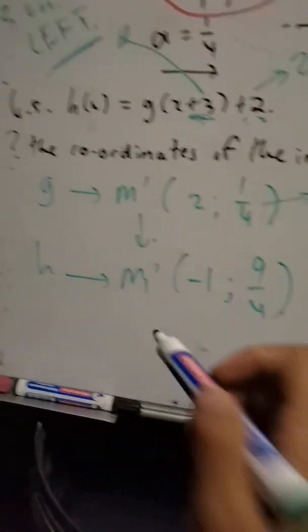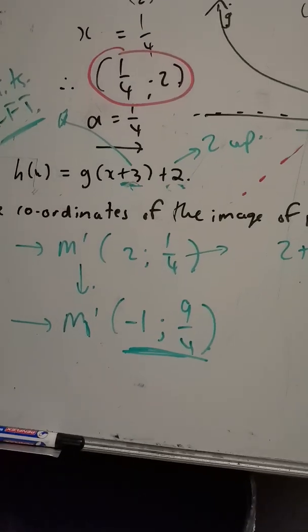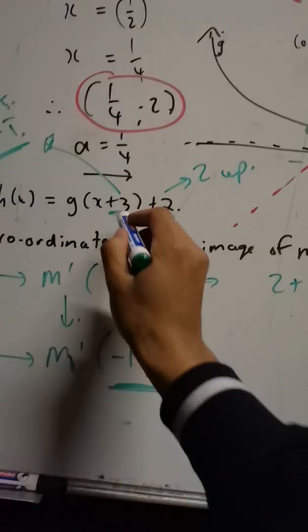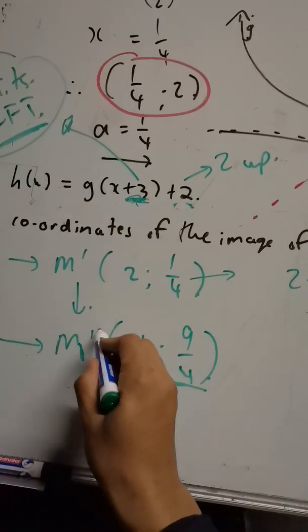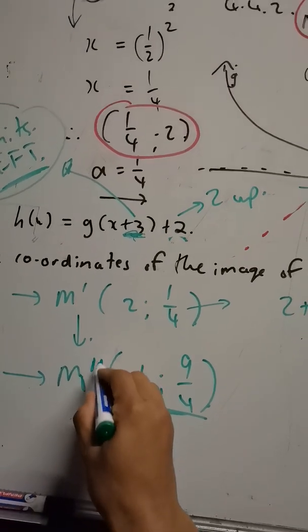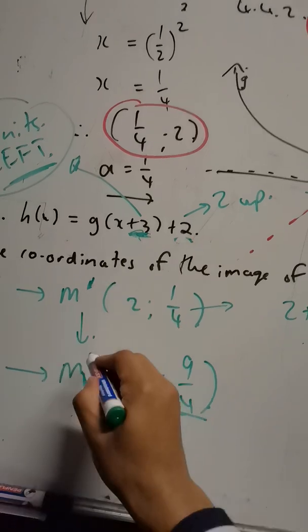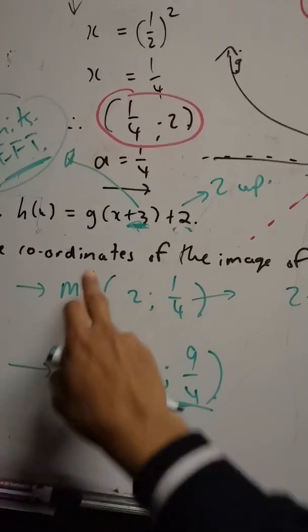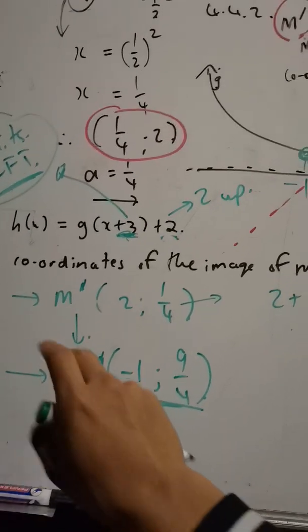So that is the coordinates. We went 3 units to the left, so we can call it m dash dash, because this is m dash and that's m dash dash. It's because it's different coordinates, like a translated coordinate.